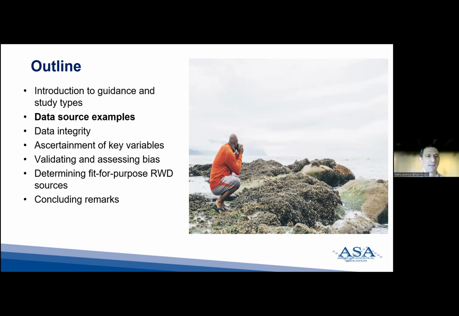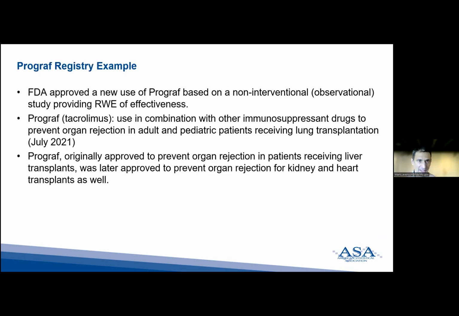The one I'm going to talk about today is based on a recent approval last July of a drug called Prograf. This was an important milestone in real world data, real world evidence. It was a fully observational study that was used to provide a new indication.